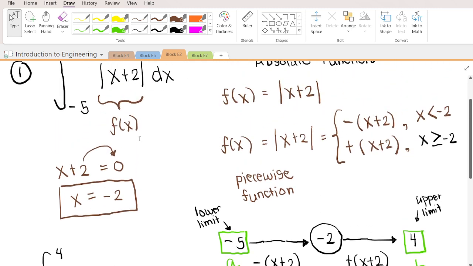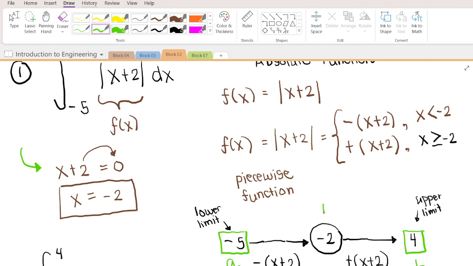You have to solve it based on the conditions here. As far as the absolute function is concerned, to get the middle value of x that will separate the absolute function into two parts, just equate it to 0 and then get the value of x.